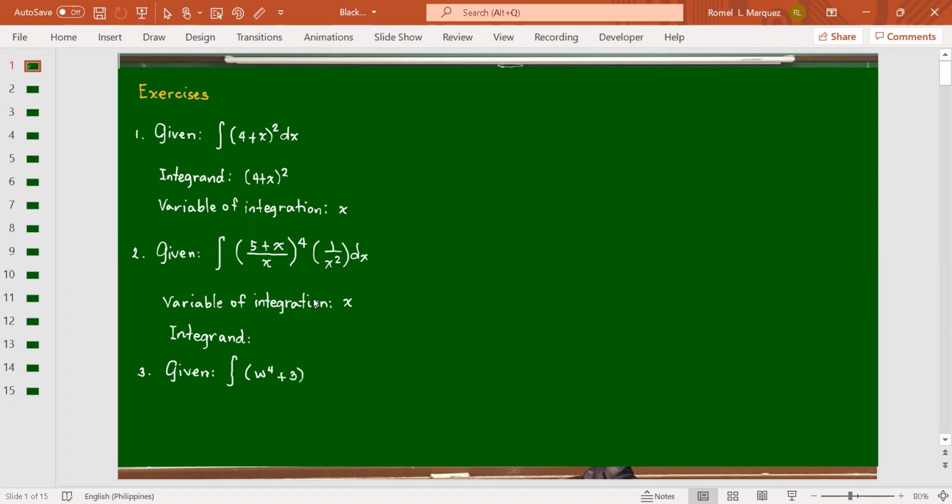What's the integrand in number 2? So the 5 plus x over x quantity to the fourth times 1 over x squared. So everything inside that, between the integral sign and dx, is the integrand. Okay, guys? Alfonso, what about number 3?